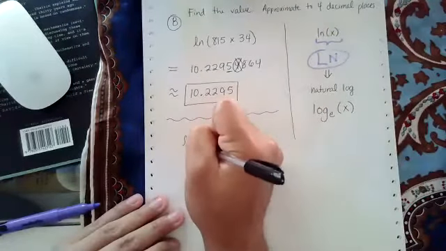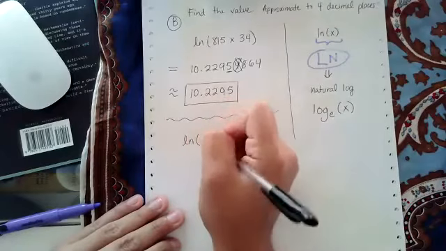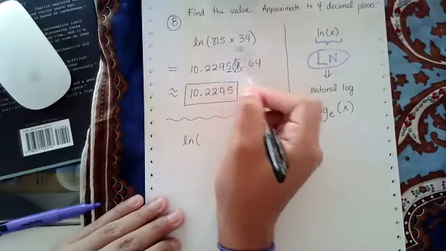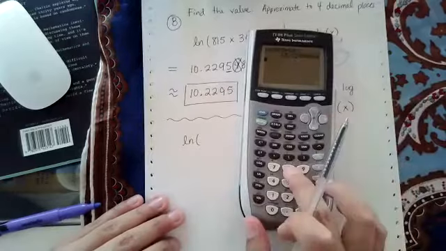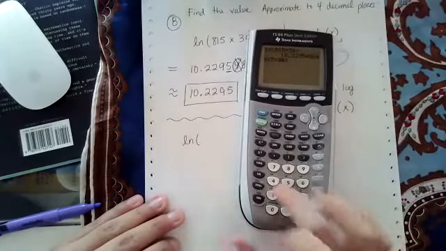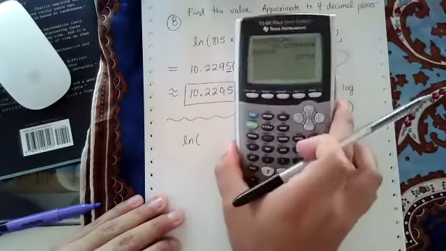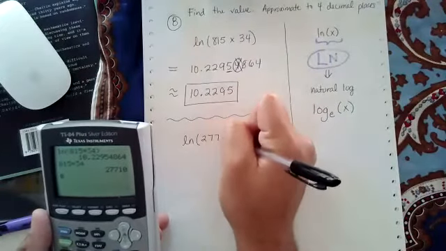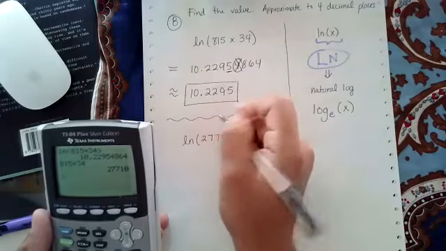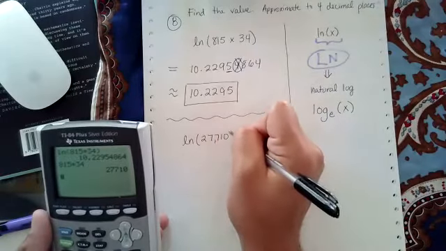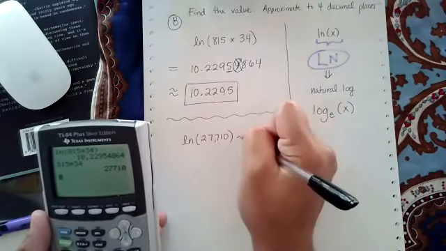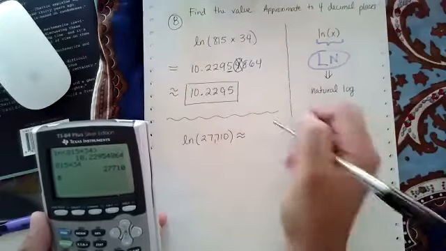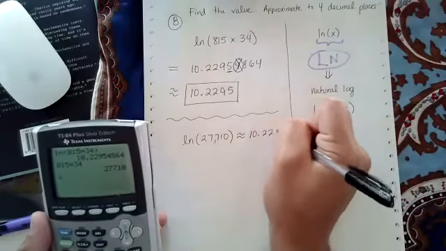If we have the natural log of, we can go ahead and multiply this out. The input is 815 times 34, which is really 27,710. And that comes out approximately to be equal to 10.2295.